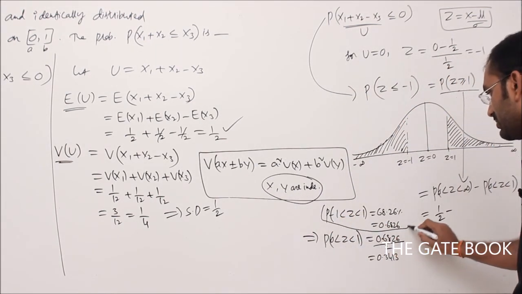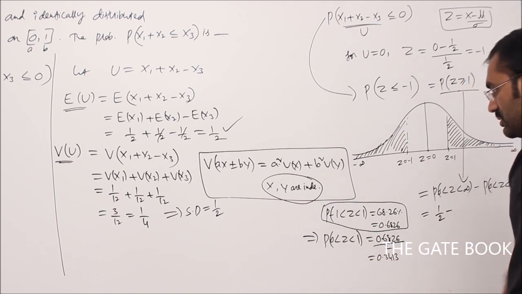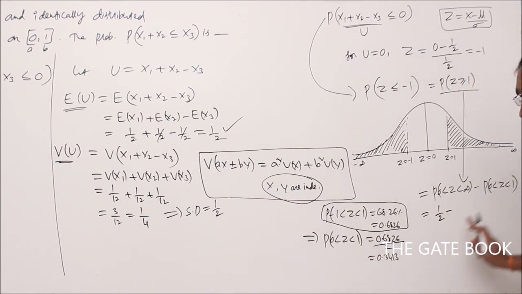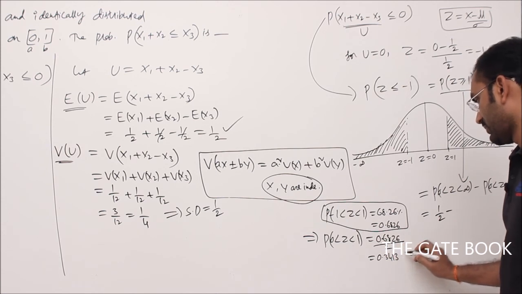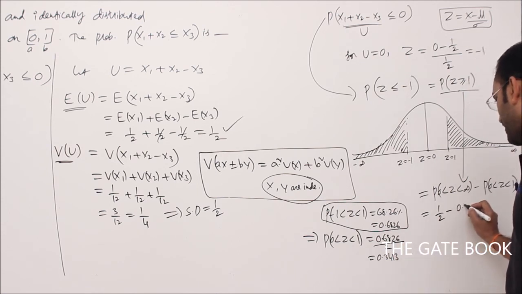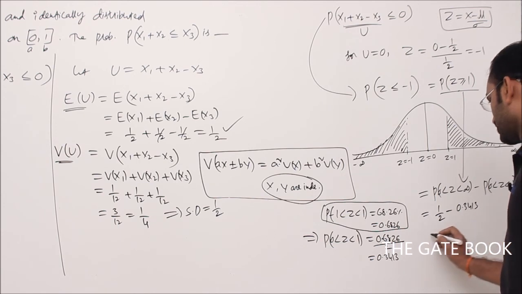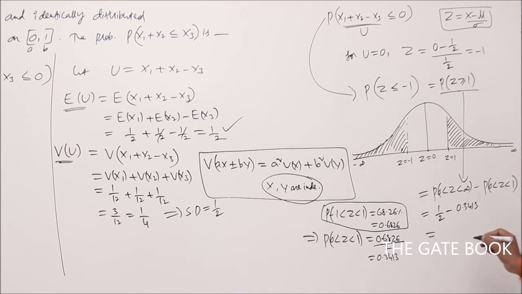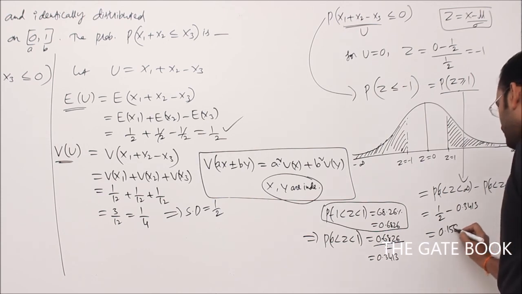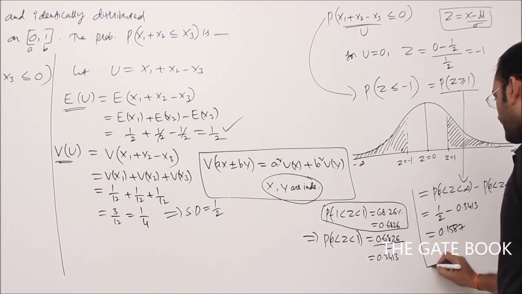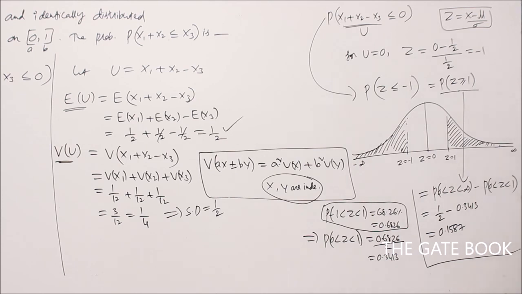This is a standard area, -1 to +1, and we require the 0 to 1 area, which is half of it, 0.3413. So 1 by 2 minus 0.3413. Simplifying this gives 0.1587. So finally we get 0.1587.